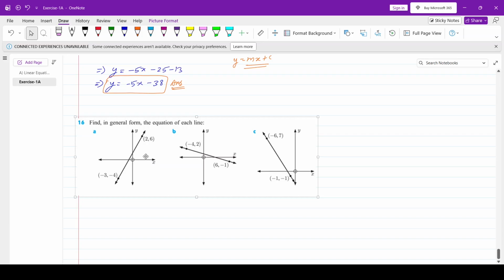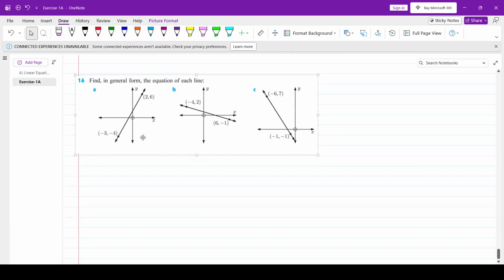Instead of writing these 2 points in the question, now the question has given us the graph, and these 2 points have been shown in the graph itself. We can do the same as question number 15. You need to practice it on your own. This is point 1, this is point 2, and the same for the others.